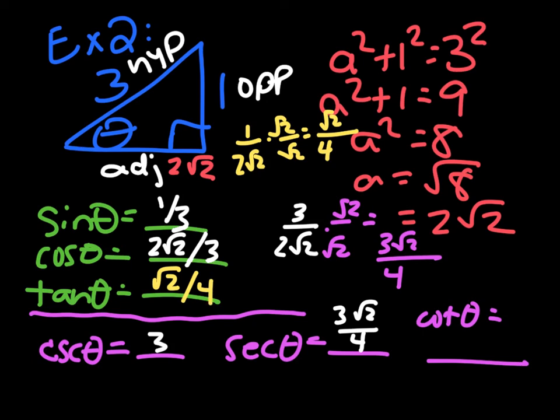When I flip it, instead of trying to flip the square root of 2 over 4, flip the original one, which when I flip 1 over 2 root 2, it's just going to give me 2 times square root of 2. And that is my cotangent.